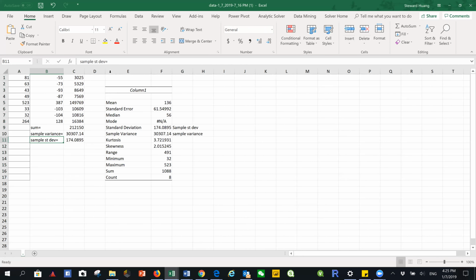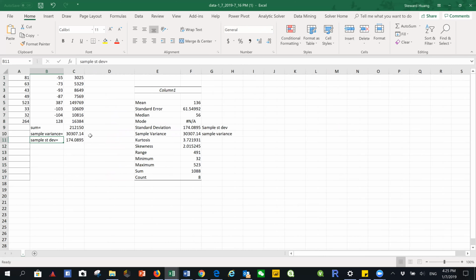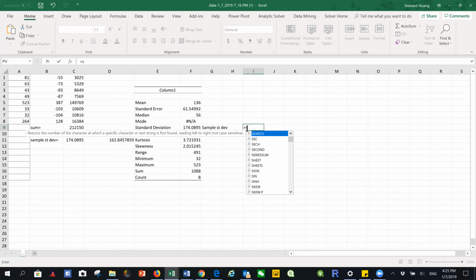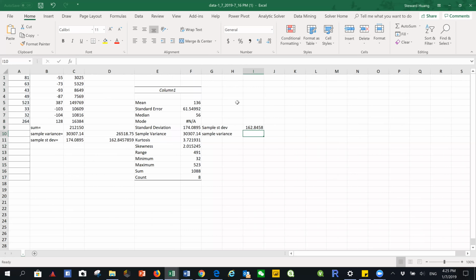And if you divide this number by n, n is 8, and then take the square root of it, you will get the result for population standard deviation, which is 162.845.